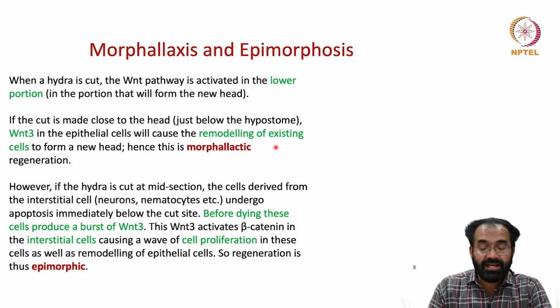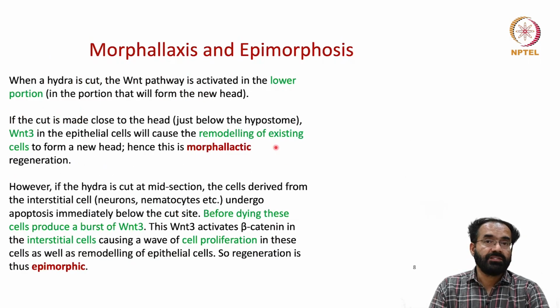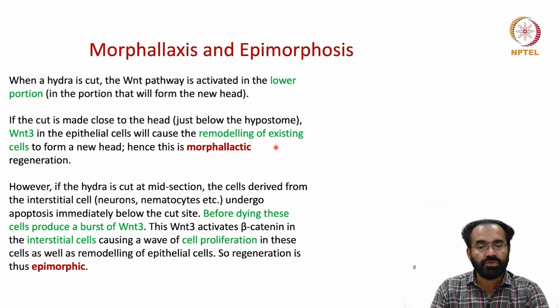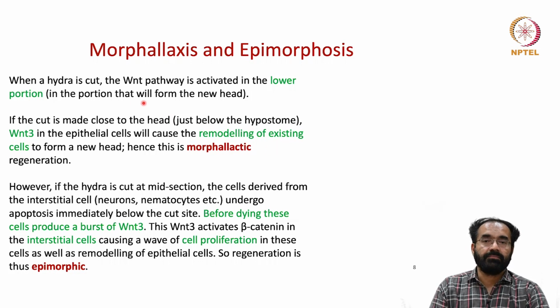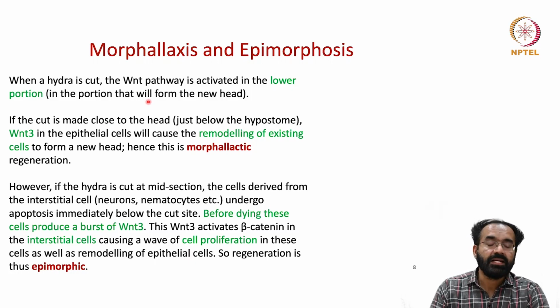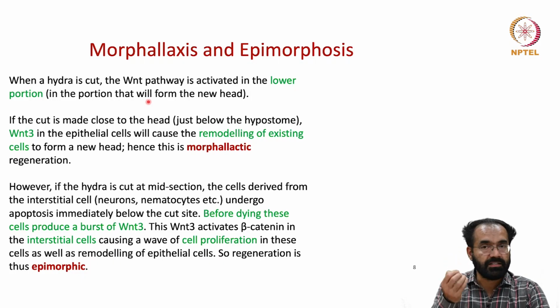Now, morphallaxis and epimorphosis, if you see in the correct terms, what we should know is that when a Hydra is cut, the Wnt pathway is activated in the lower portion. Normally, Wnt signaling gets activated in the bottommost portion of the body.